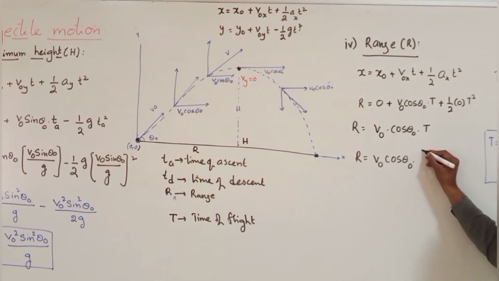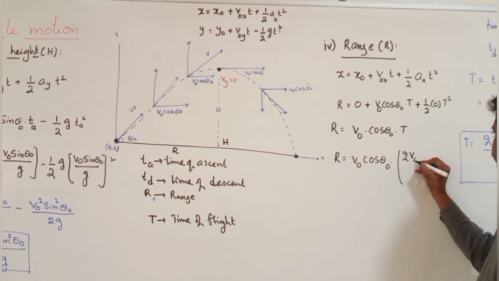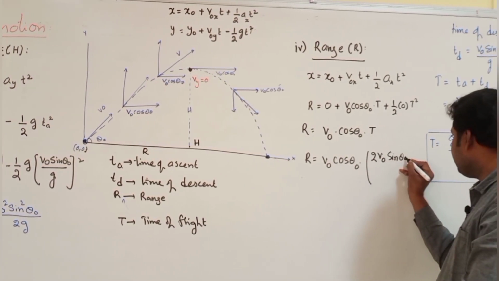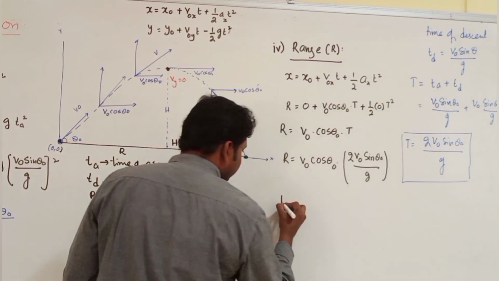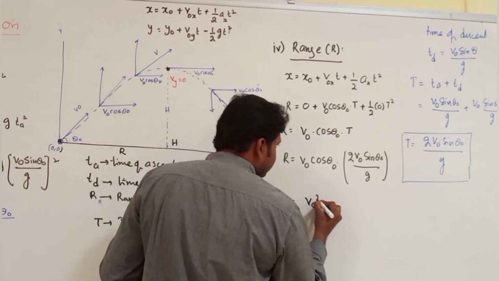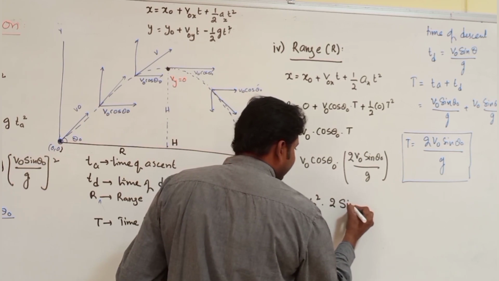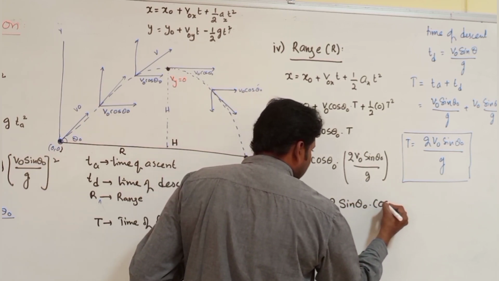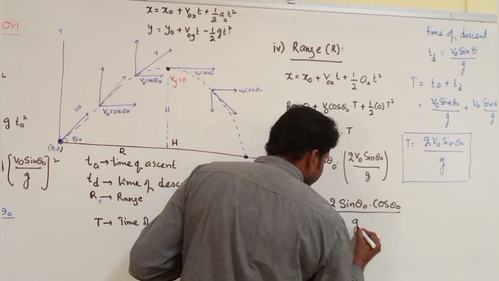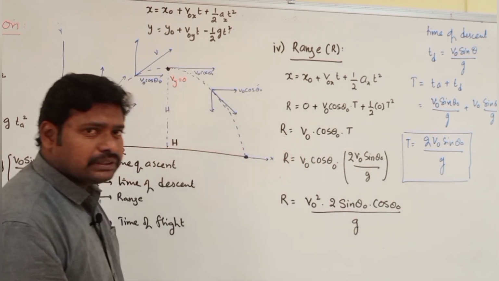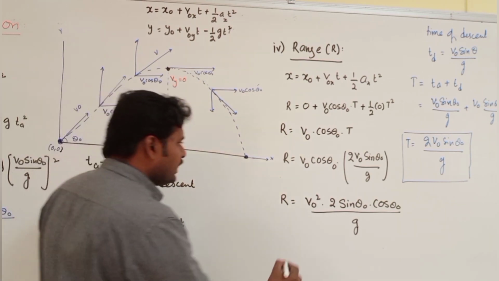What is T? Time of flight. Just substitute here 2 v naught sin theta naught by g. So v naught square, 2 into sin theta naught and cos theta naught by g. So what is meant by 2 sin theta cos theta? It is sin 2 theta.